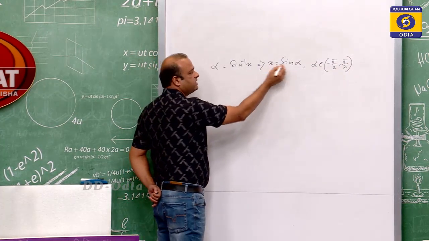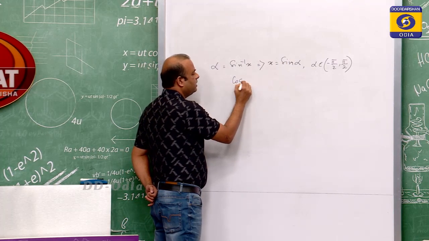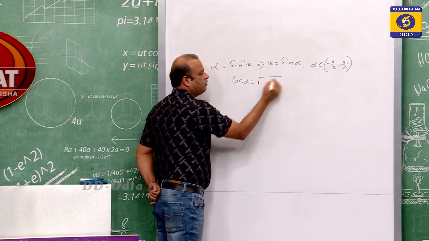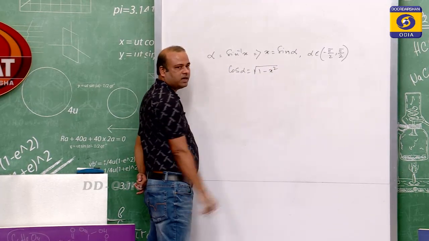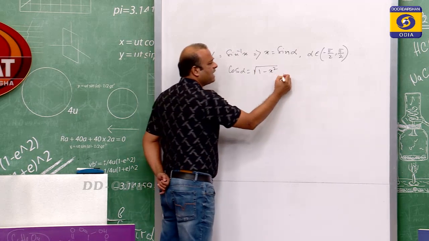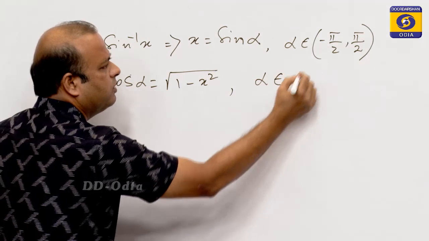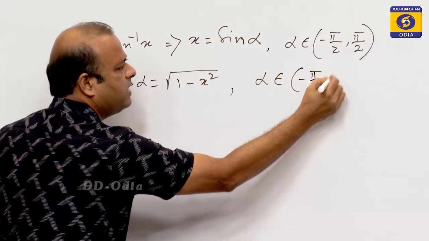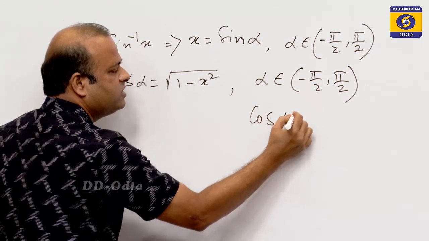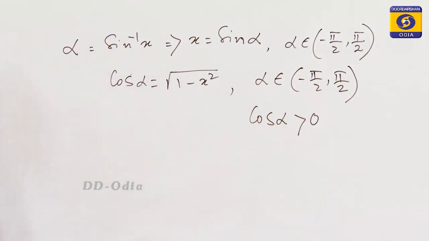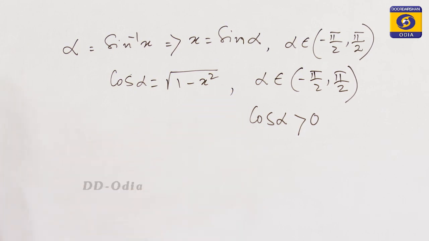If x is equal to sin alpha, so cos alpha will be root over of 1 minus sin square alpha, so root over of 1 minus x square. Since alpha belongs to minus pi by 2 to pi by 2, cos alpha is positive.